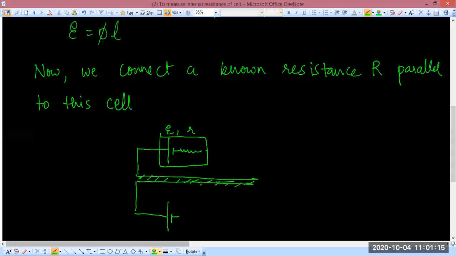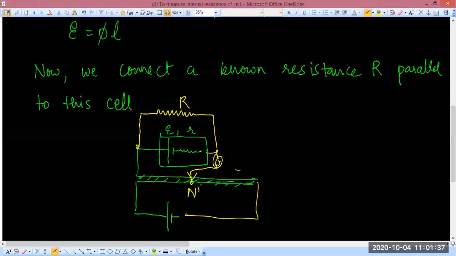So with this in parallel we connect a known resistor. Clear? And then from there on the procedure is the same. We connect a galvanometer and a jockey and all that, right? So you think about what happens in such a situation. Draw this much and keep it.